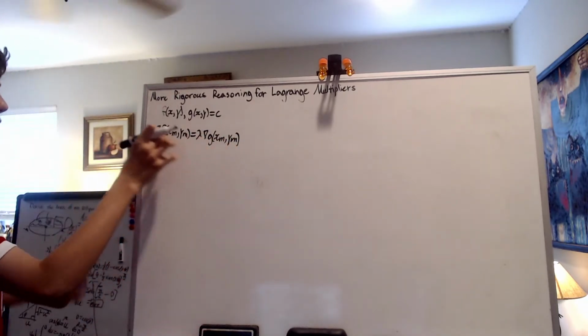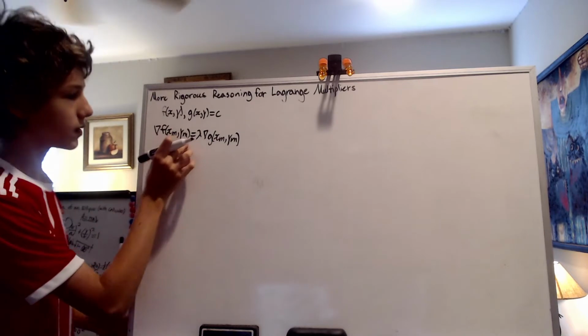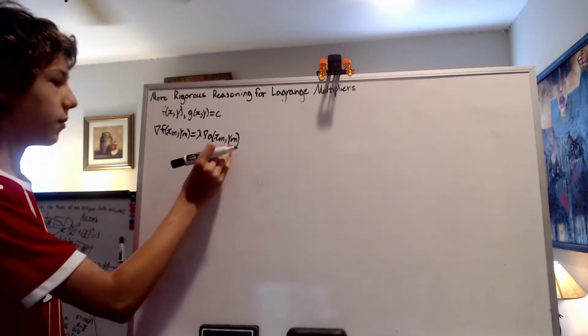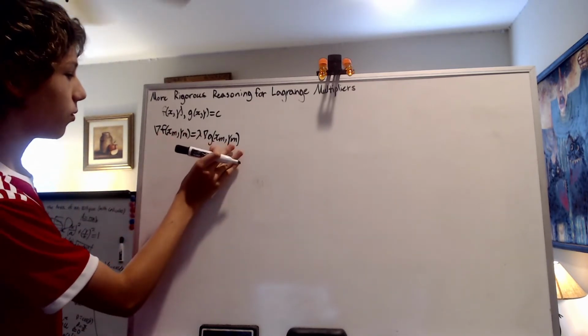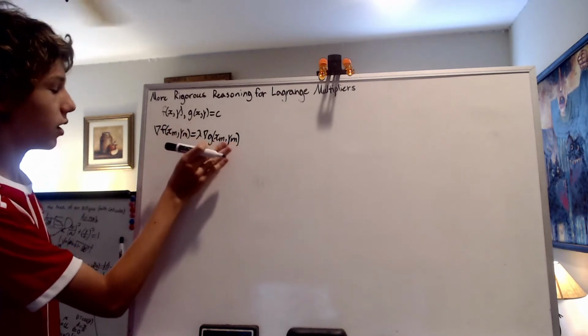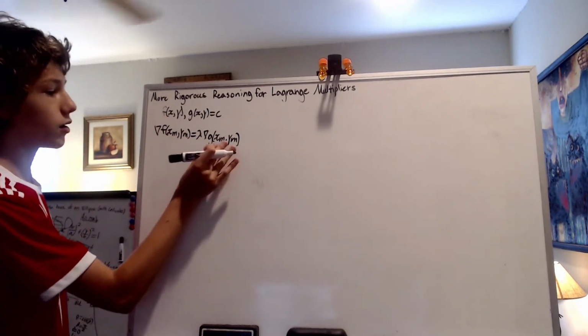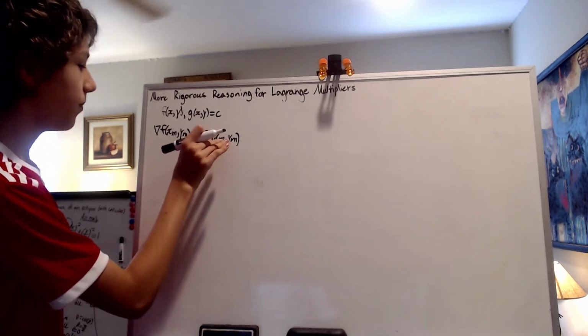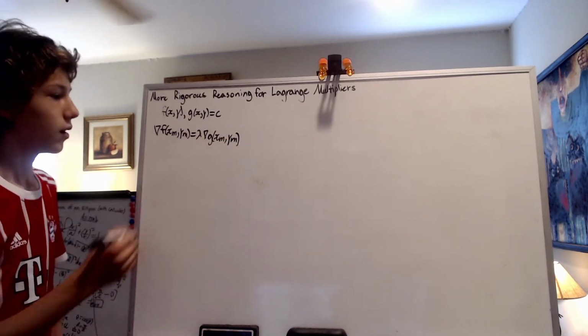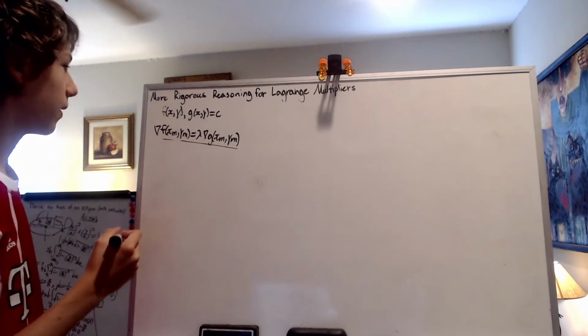So we want to prove that the gradient of f at this constrained maximum is going to be parallel to the gradient of g at xm, ym. So this is what we wish to prove.